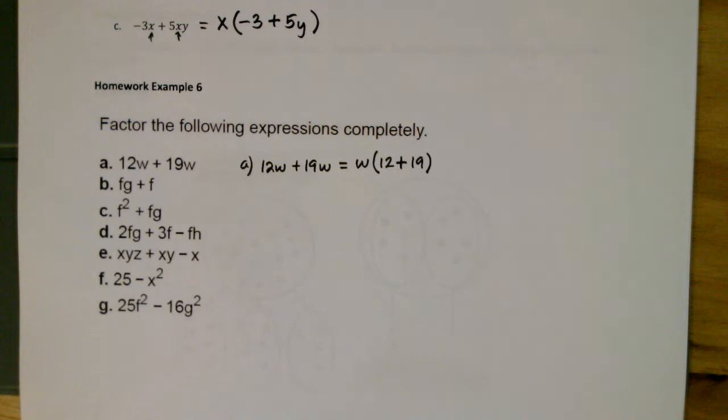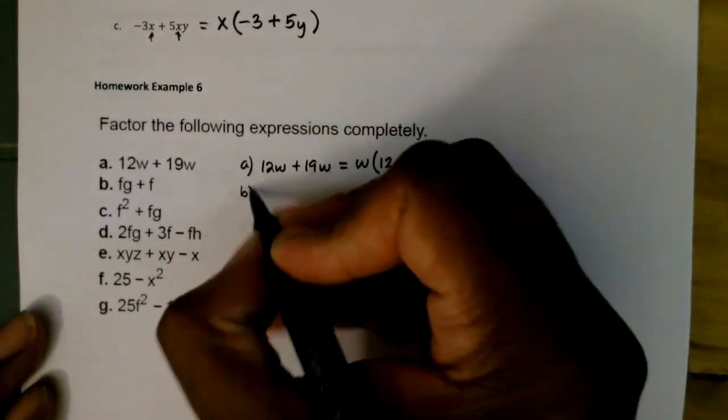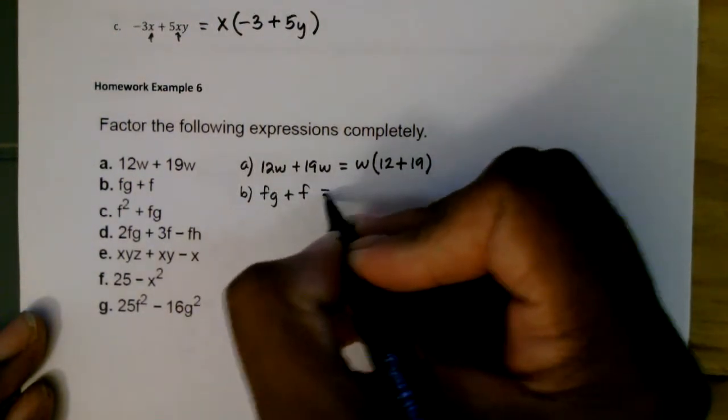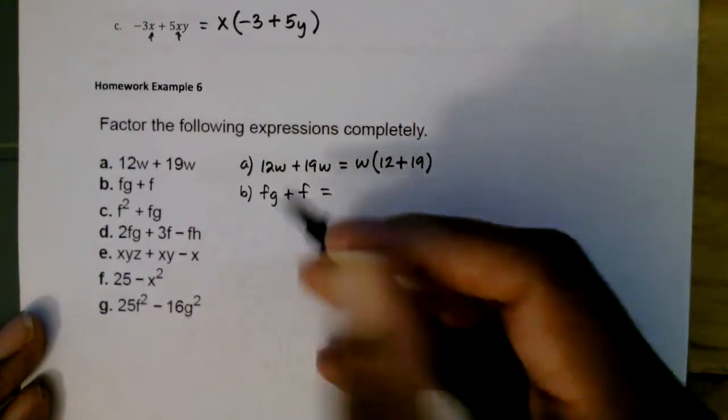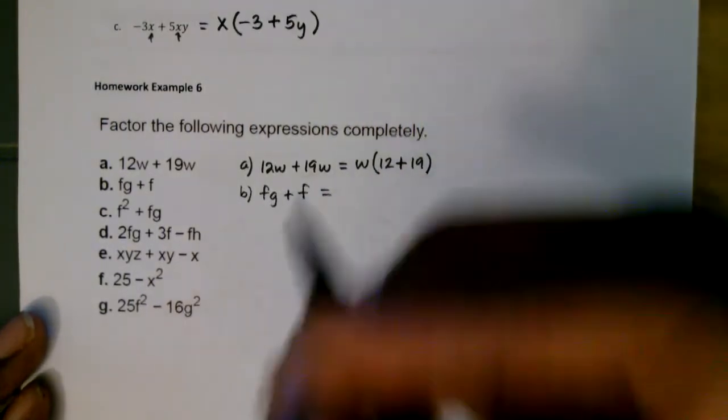And don't worry about doing the 12 plus 19, which we know is going to be 31. They just want you to factor this completely. All right, part B, fg plus f. Looking at that expression, the common factor that's in both fg and f will be f.